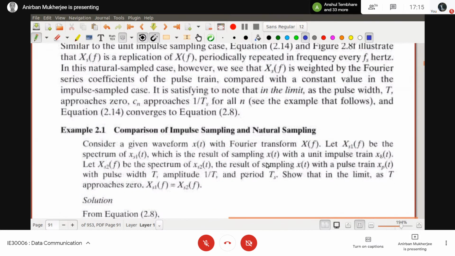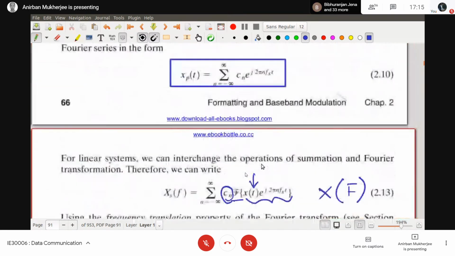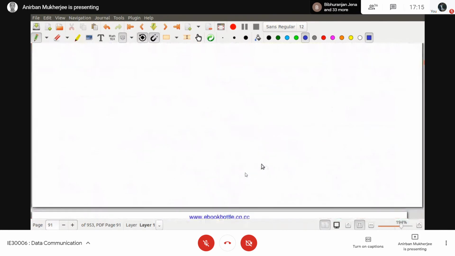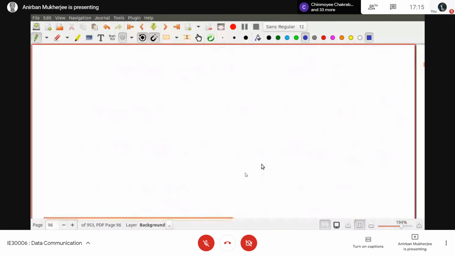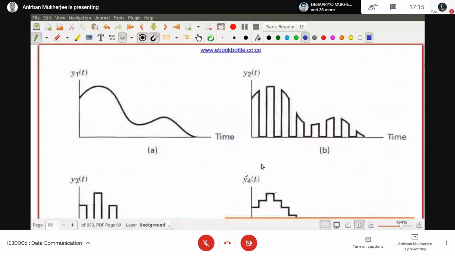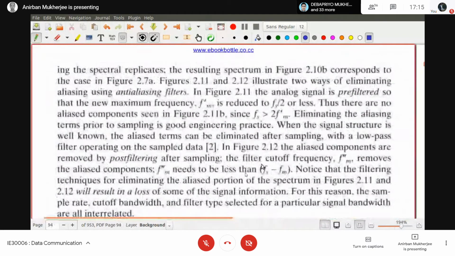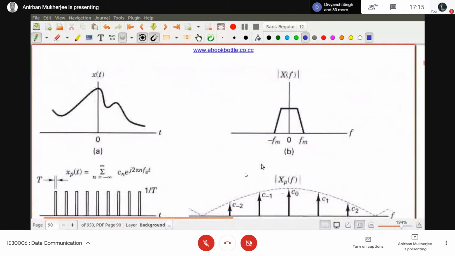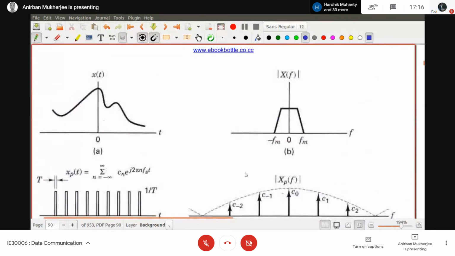Now, finally, if I show it picture-wise, if you see the picture, say this is my x(t), some band-limited signal with f_m.